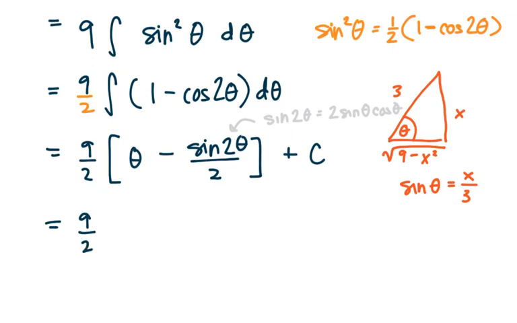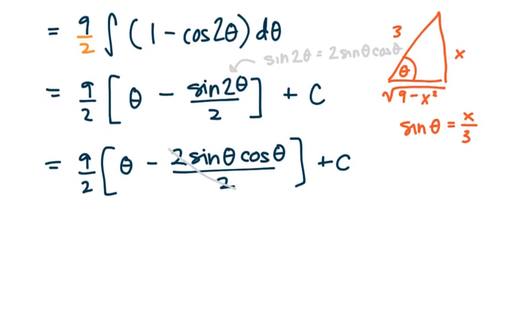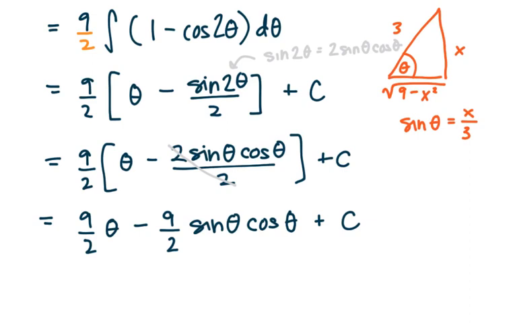So now I have 9 halves theta minus 2 sine theta times cosine theta over 2 plus c. And of course, those 2's are going to cancel. So I have 9 halves theta minus, I'm distributing, 9 halves sine theta cosine theta plus c.